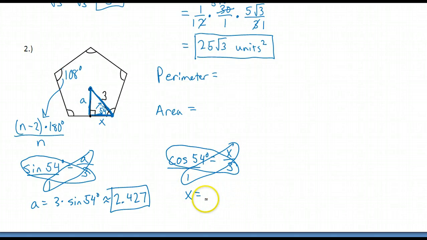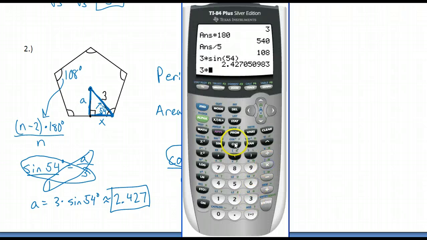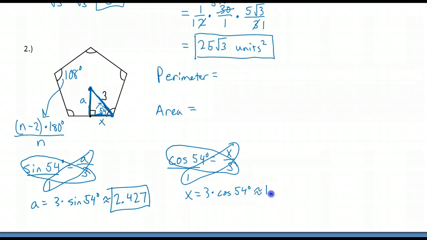X is going to equal 3 times the cosine of 54 degrees, which is approximately 1.763. I should have enough information now to finish the rest of my problem. If X is 1.763, this entire length is going to be double that.